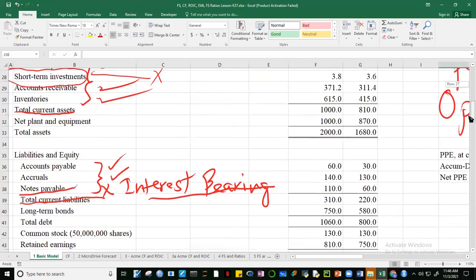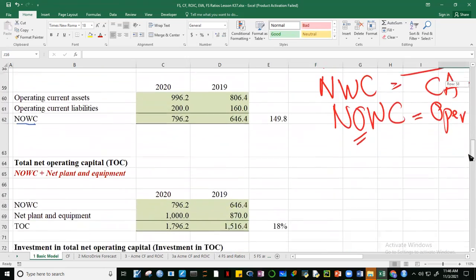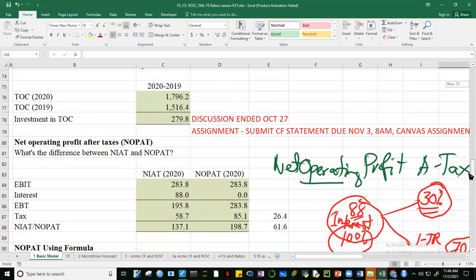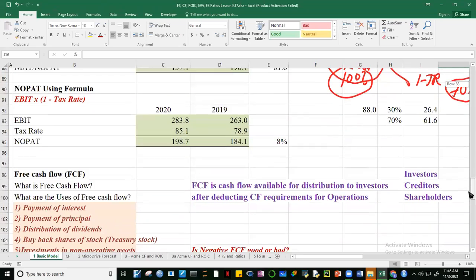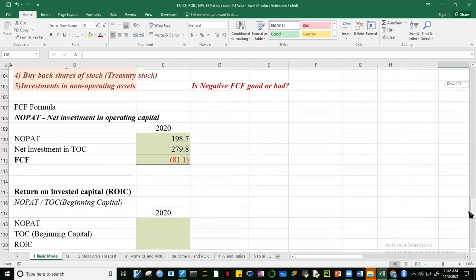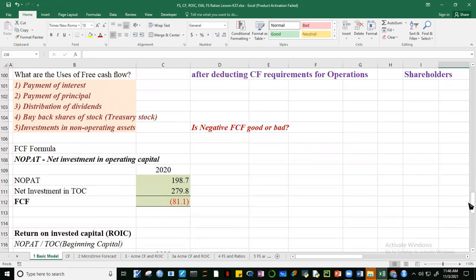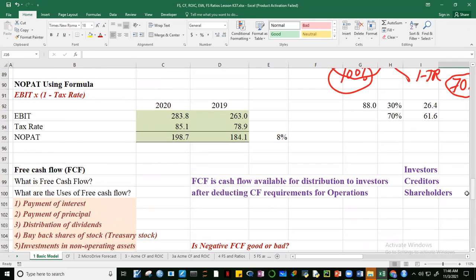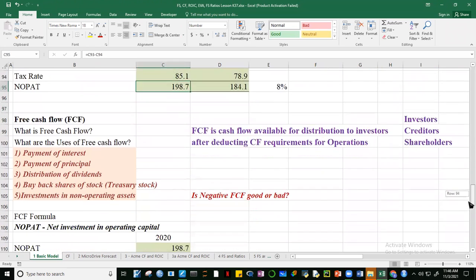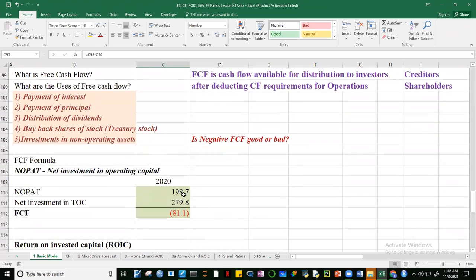And EBIT is the source of our NOPAT. Okay, so going back here, guys, I'm sorry to be moving from one part to the other. Okay. So EBIT is okay. It looks like NOPAT is also okay. 198.7. Okay, this is our EBIT. Our tax rate is 30%, 198.7. Okay, so as far as NOPAT is concerned, we don't seem to have any issues with this one.